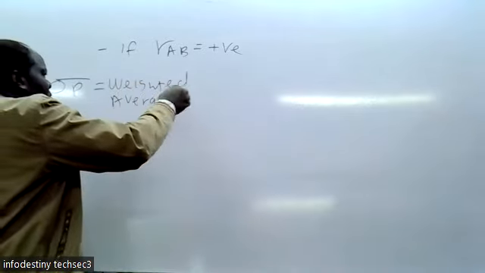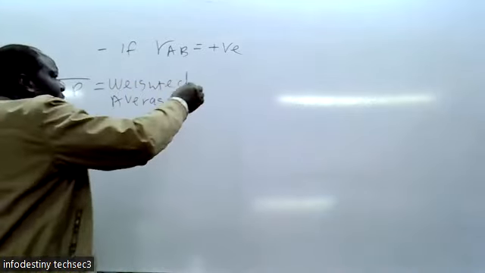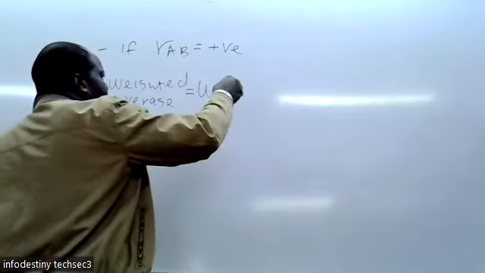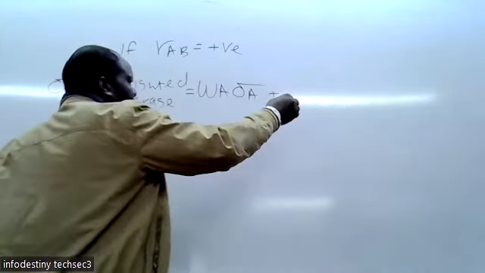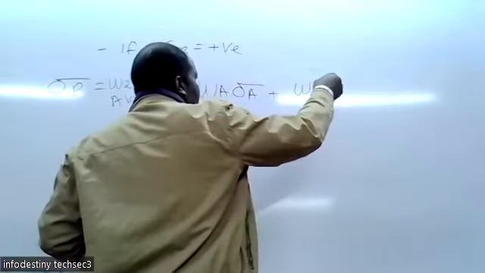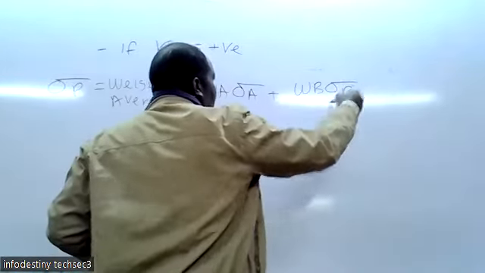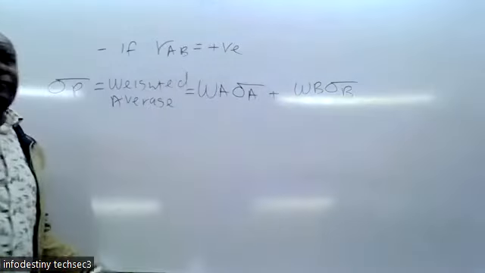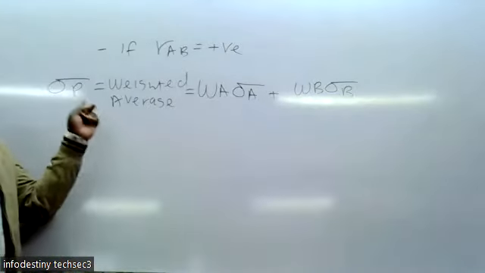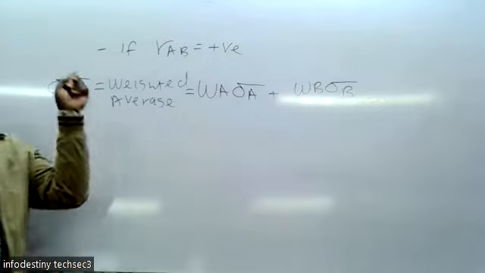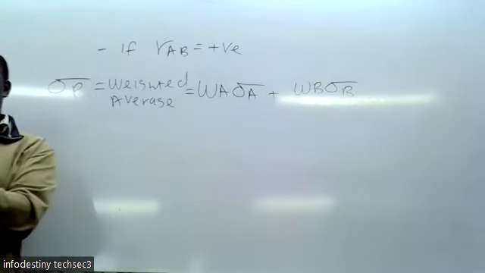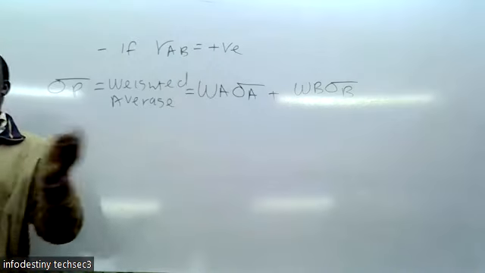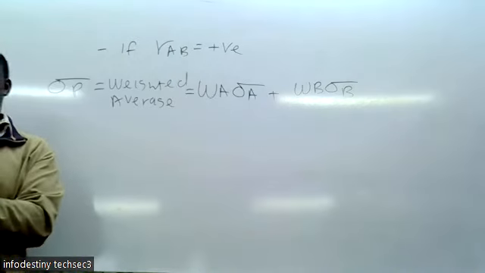To get the weighted average, you take the weight of A times the standard deviation for A, and you add the weight for B times the standard deviation for B. We have already calculated the standard deviation for A and B, but we want to combine them together to make it one.